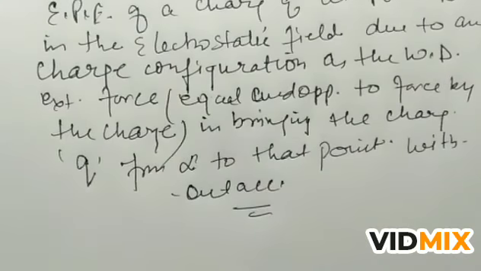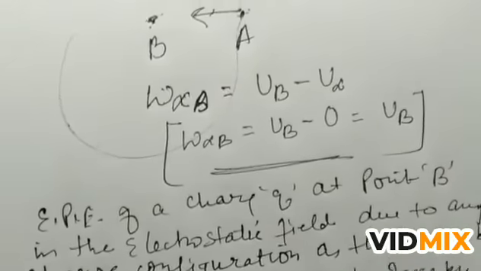So this is the potential energy of the point B in the field.